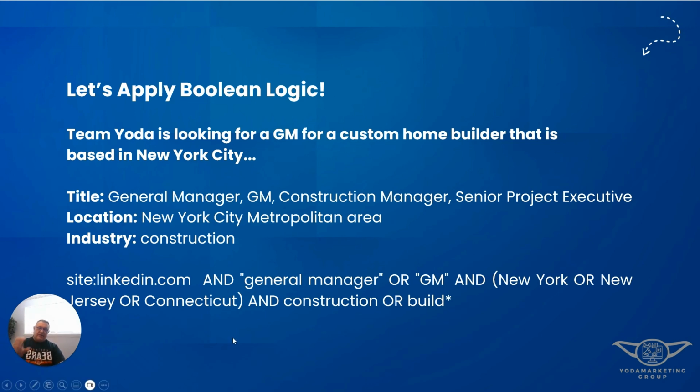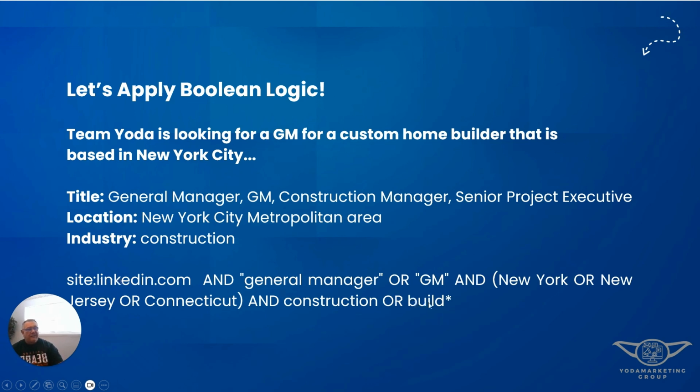So this will give us those that are specifically in the New York City metropolitan area and anywhere in those three states. And then we added and construction or build, and you can see we got the asterisk there. So that's going to deliver building, builder, whatever, all of those various forms.